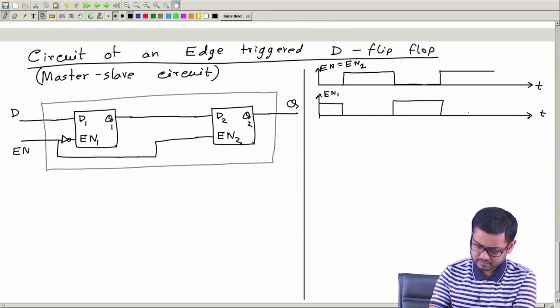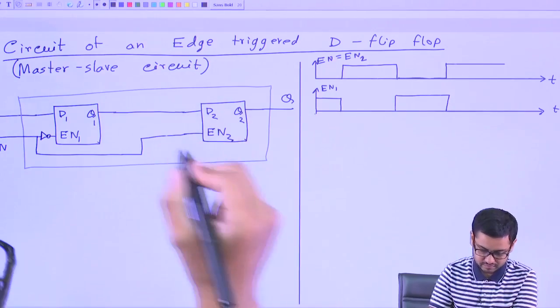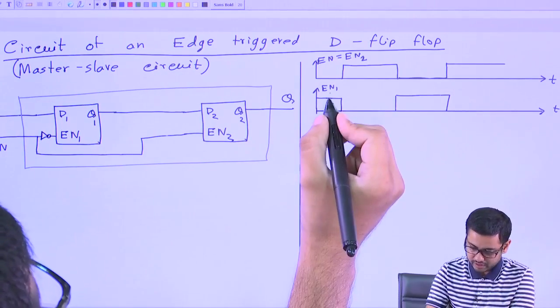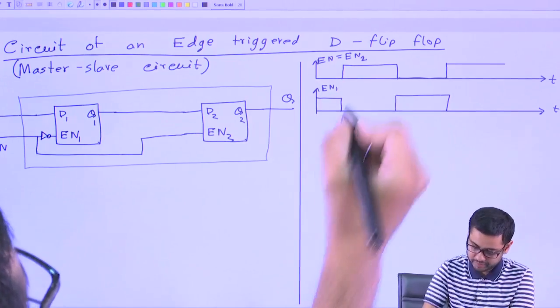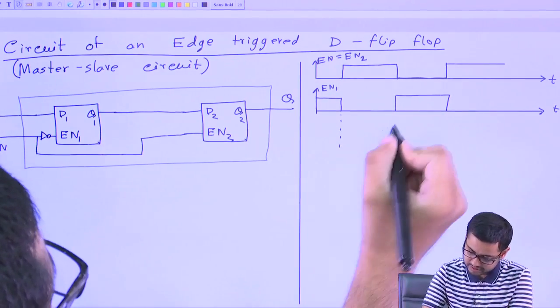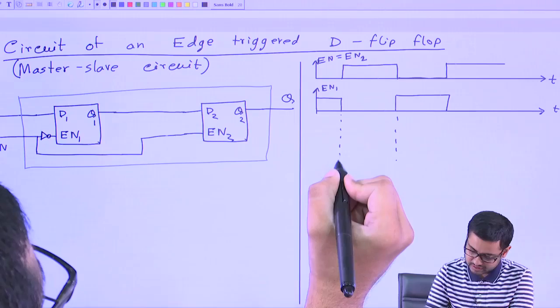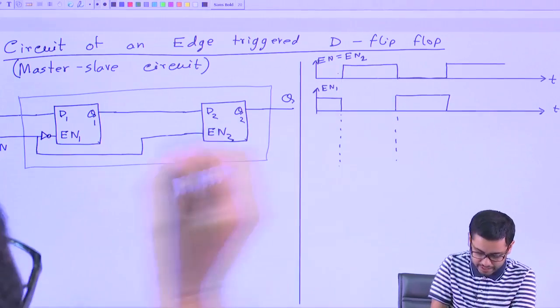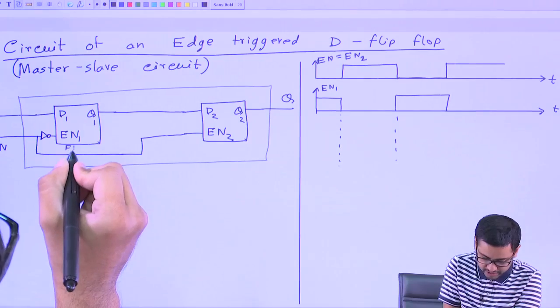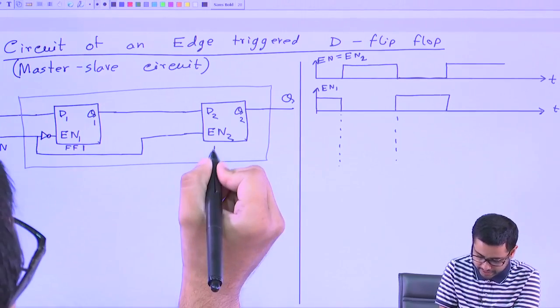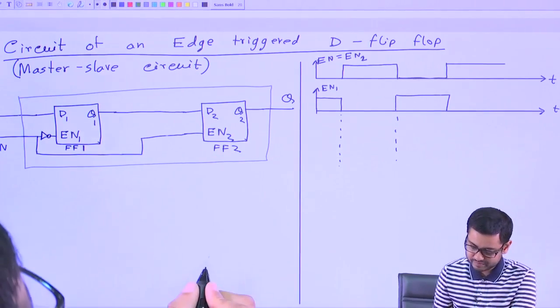Now, when enable is 0, okay, let me start from here. And let me call this flip flop 1 and flip flop 2, FF1 and FF2.